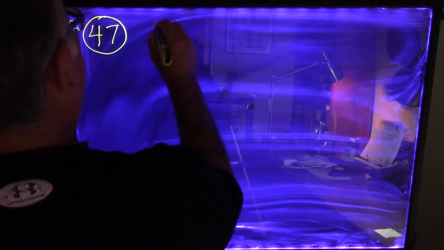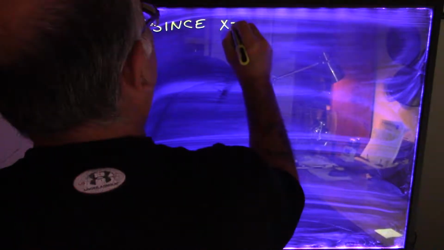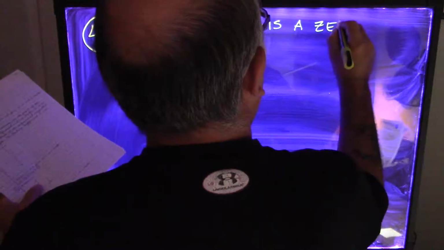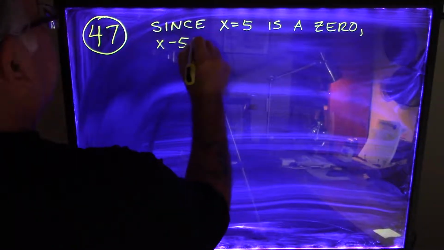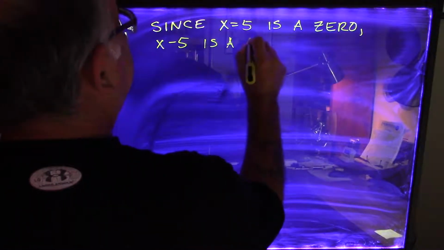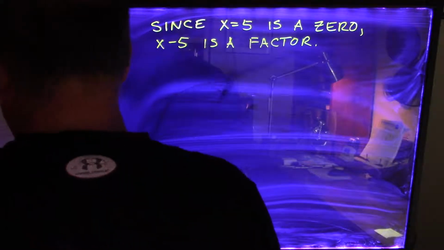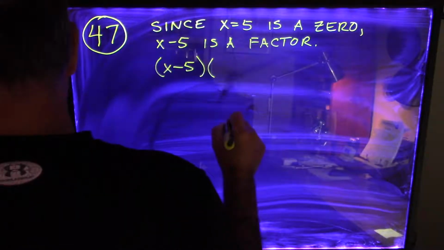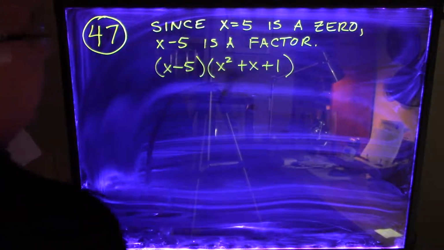Since x equals 5 is a 0, then x minus 5 is a factor. So what we have then is x minus 5 times x squared plus x plus 1, which they gave us. And there is our factorization.